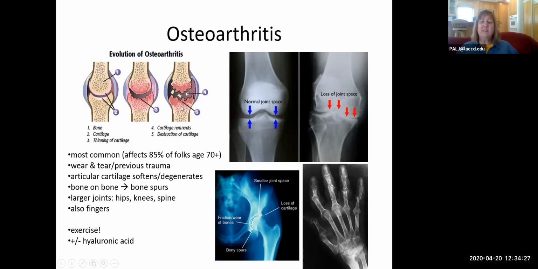And what happens as a result of that is you end up having bone on bone. And perhaps you've heard people when they sit down, you can hear their knees creaking, that is bone on bone. That is not a good thing. And so this is much more common in our larger joints, our hips, our knees, and our spines, but we also get some in our fingers.